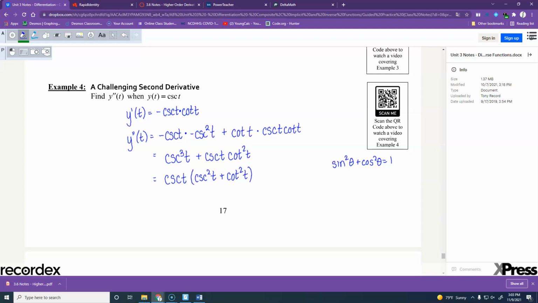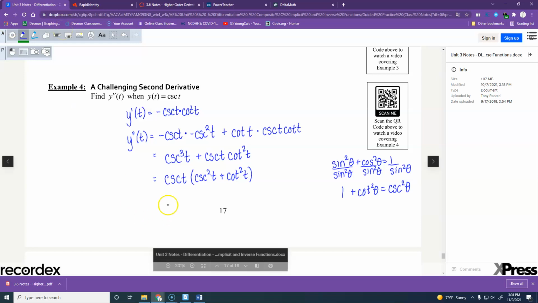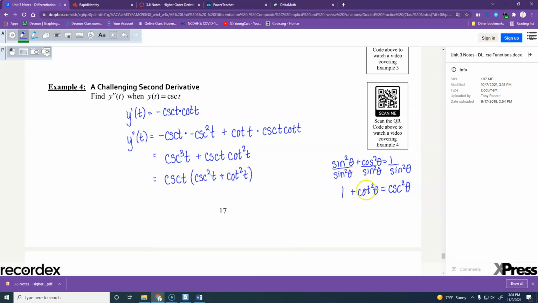If I divide everything by sine squared theta, one plus cotangent squared theta equals cosecant squared theta. Because I've factored out a cosecant, I'd really rather turn everything into cosecants than cotangent. So I'm going to subtract my 1: cotangent squared theta equals cosecant squared theta minus 1.